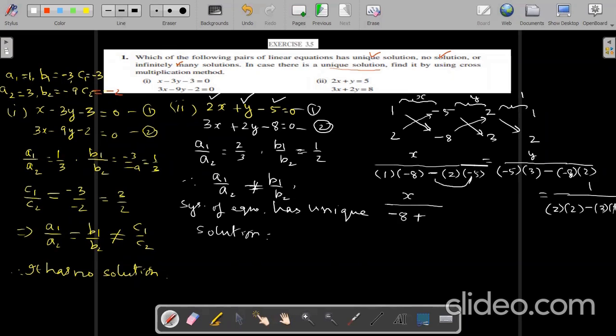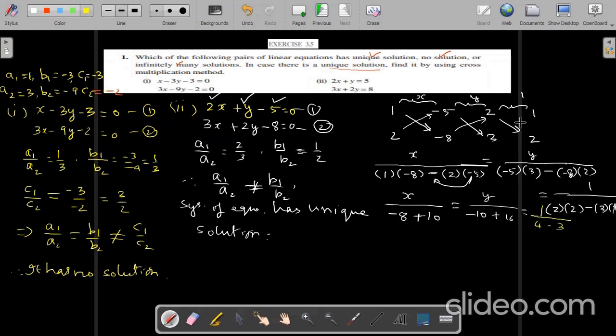These two minus will become plus. 2 fives are 10, and then y upon minus 5 into 3, minus 15, and this minus into minus, plus 8, 2 eights are 16, is equal to 1 upon 2 into 2, 4 minus 3.